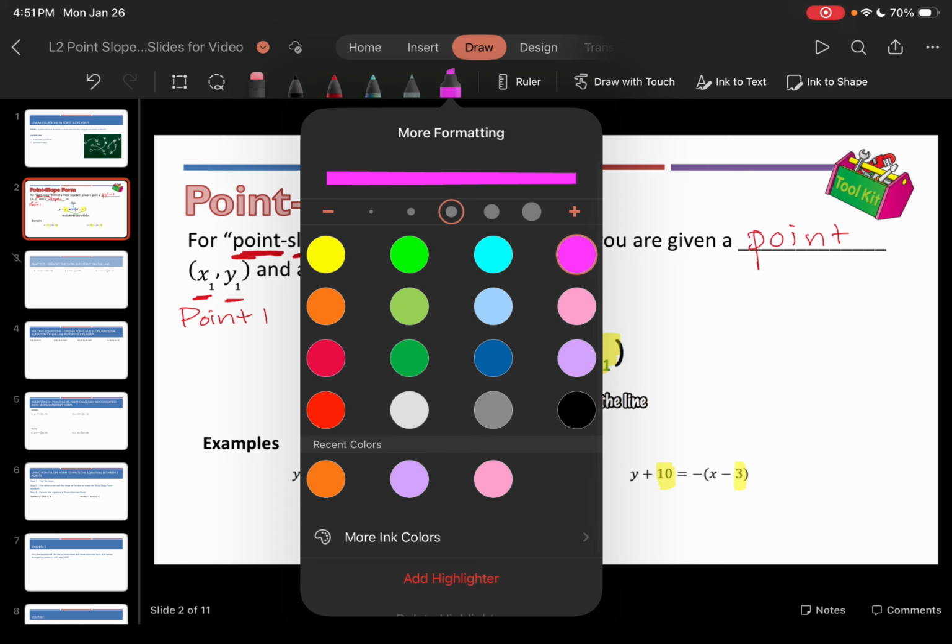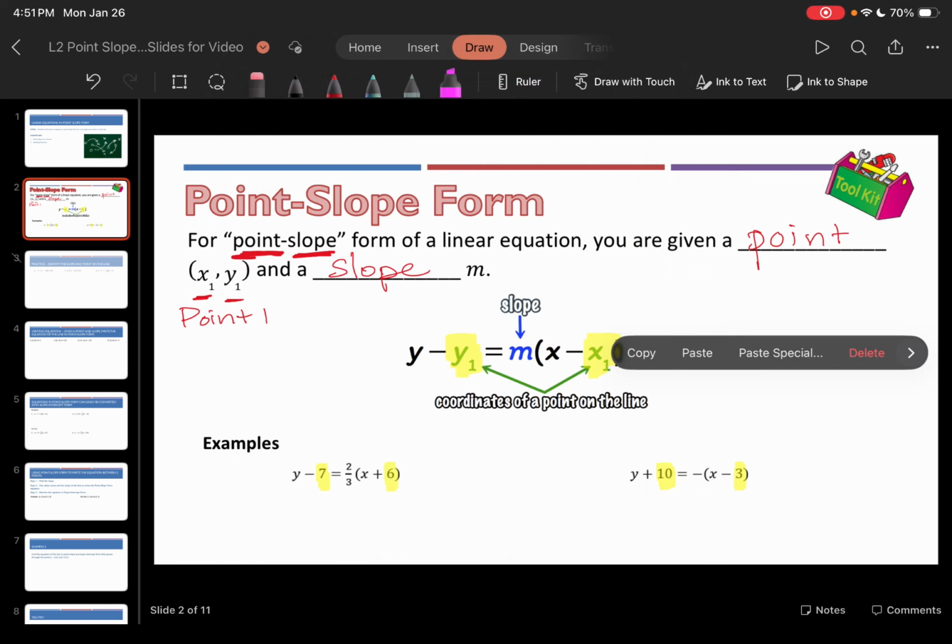And then the slope always goes right in front of that parentheses. So the slope here is 2/3. This slope, I only see a negative in front of that parentheses. So it doesn't look like it's a number, but we know whenever there's a negative, there's always a number in front of a parenthesis. So that slope over there is -1.